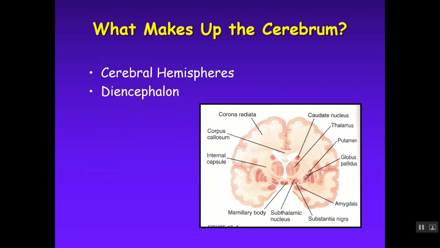What makes up the cerebrum? You guys know this already. It's the cerebral hemispheres, which includes the basal ganglia structures deep in it, and also the diencephalon, the thalamus and the hypothalamus. So the big things out here are the gray and white matter, and then deep inside we've got the thalamus, hypothalamus, and basal ganglia structures.